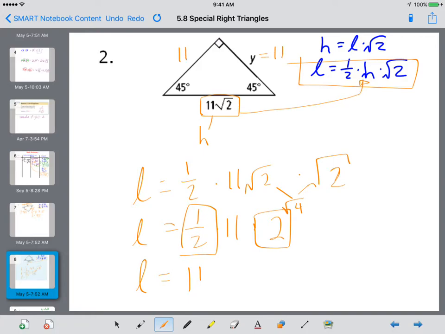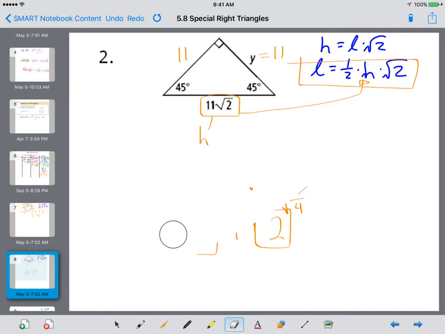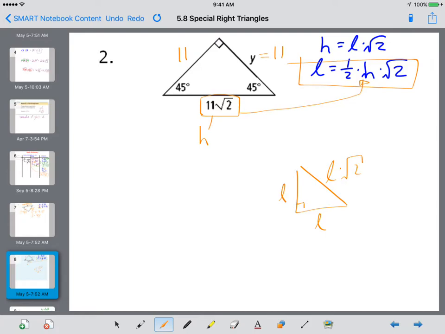So y equals 11. Let me show you the trick from the diagram where we don't have to do all of that extra simplifying. Our diagram looks like this. It's the leg and the leg times the square root of 2. This is our hypotenuse.